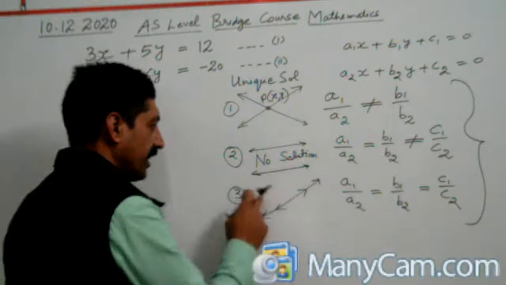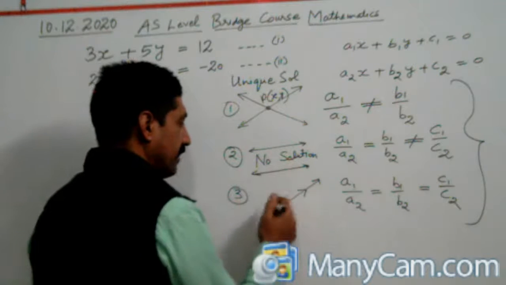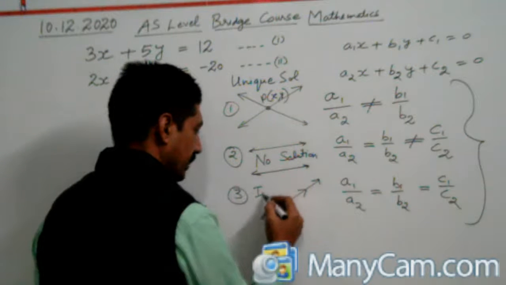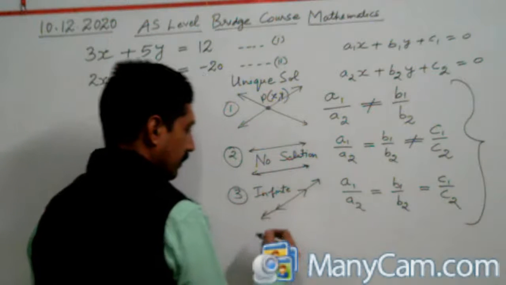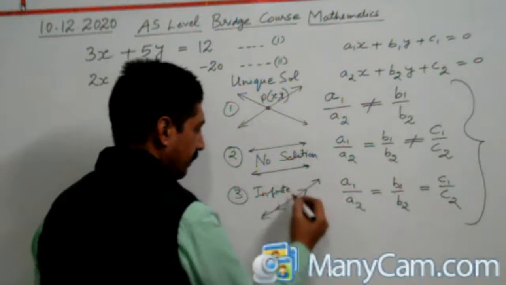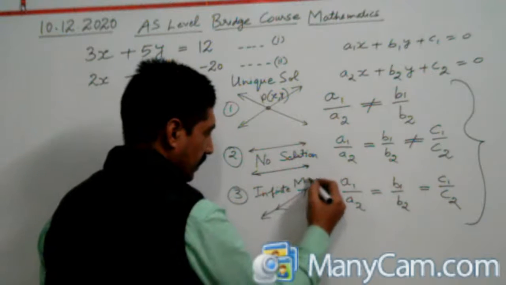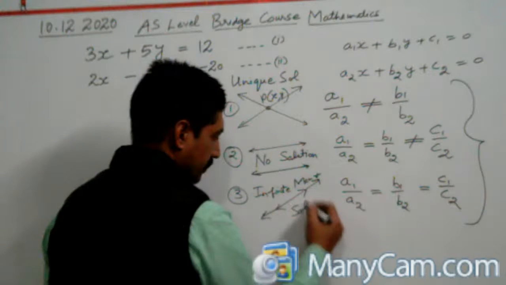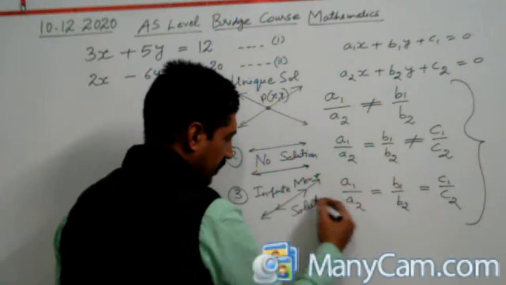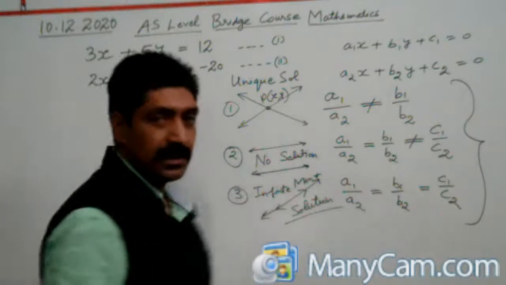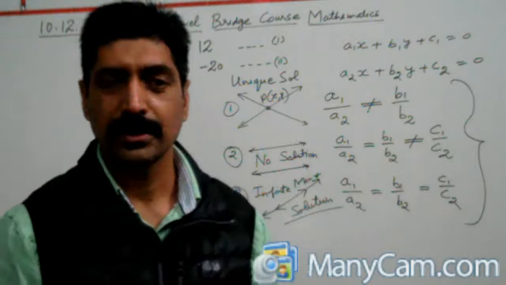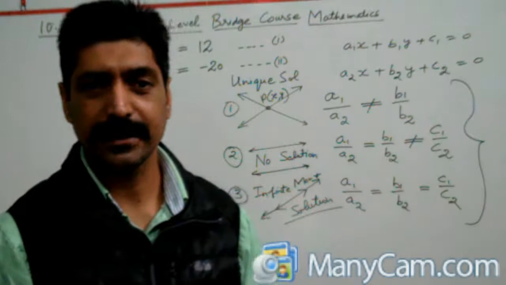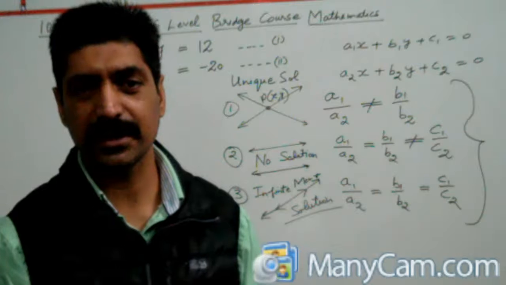And in the third case, the lines have infinitely many solutions. These are the only three possibilities when we plot these equations graphically on the xy plane, on the Cartesian plane.